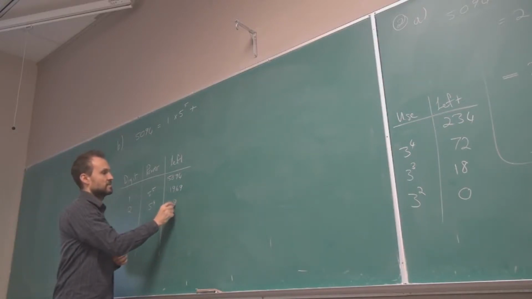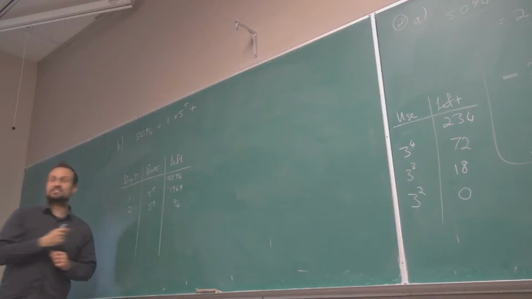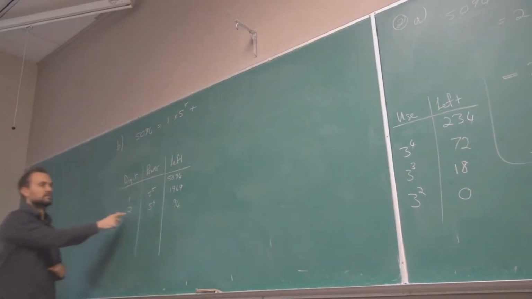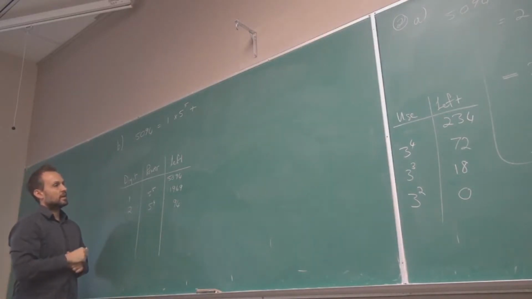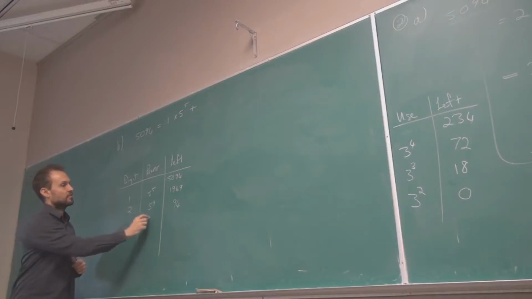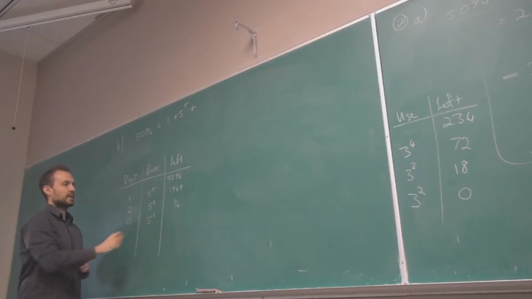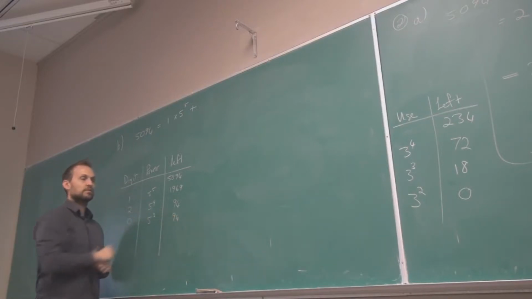Whatever I have left has to be less than 625. Otherwise, this isn't big enough. Then I go to 5 cubed, but I know that's 125, and I won't be fitting any of that into 94.